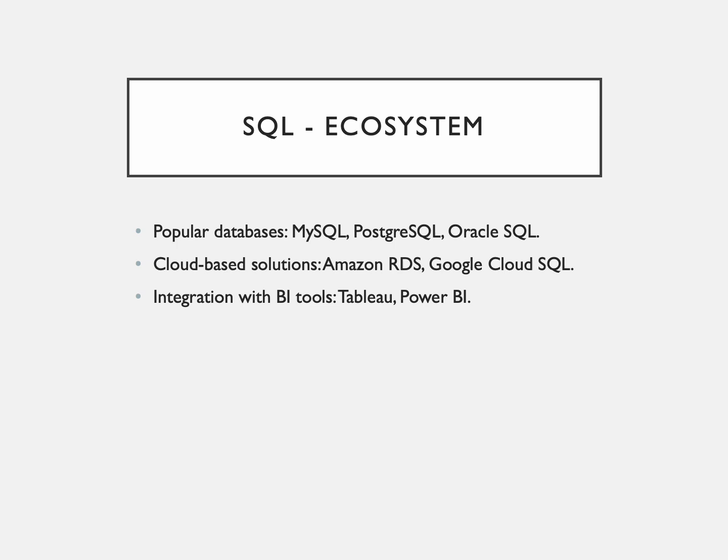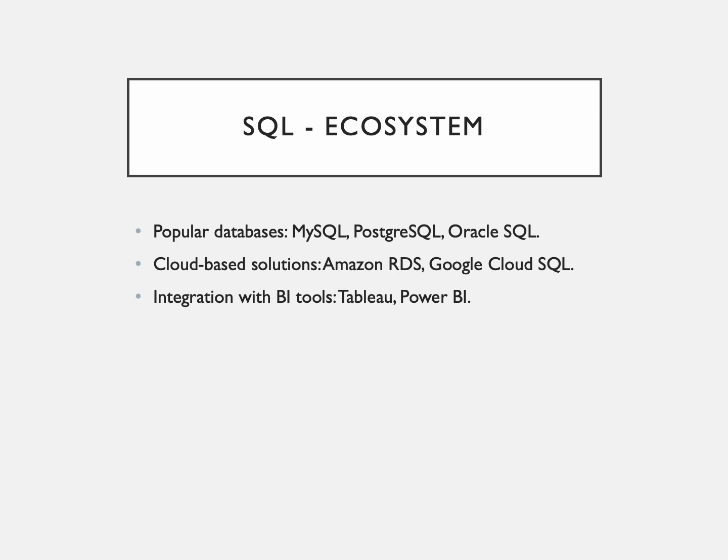Now, second, we have cloud based solutions like Amazon RDS and Google Cloud SQL. Amazon RDS, Relational Database Service, allows developers to set up and scale databases in the cloud with minimal administrative overhead. It supports multiple RDBMS engines, including MySQL, PostgreSQL, and Oracle.